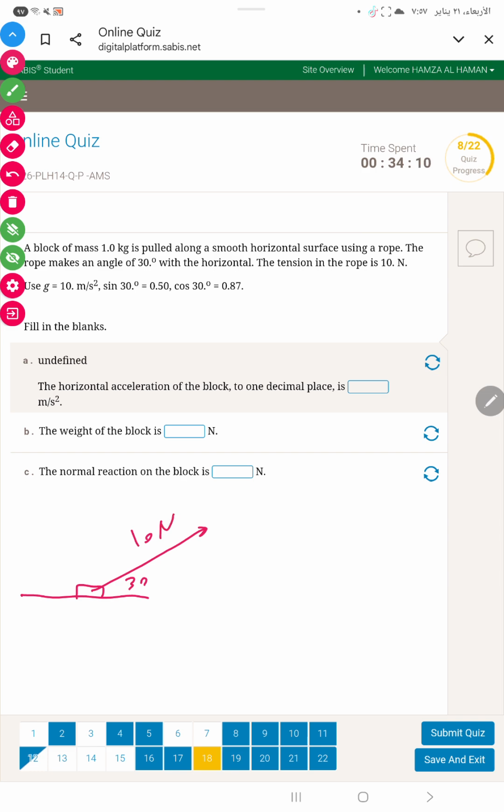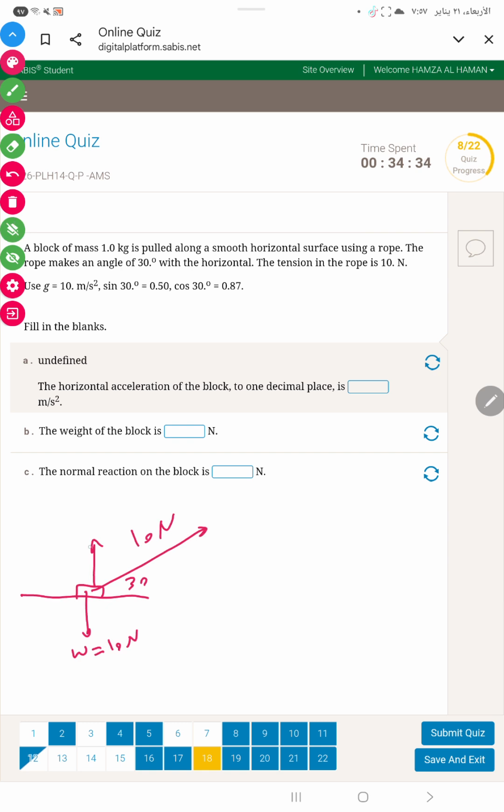The mass is 1 kilogram, so here you have W is 10 newtons, and normal reaction is also 10 newtons. Normal reaction, we don't know it, sorry. So let's see. Normal is unknown, because here we have another force.